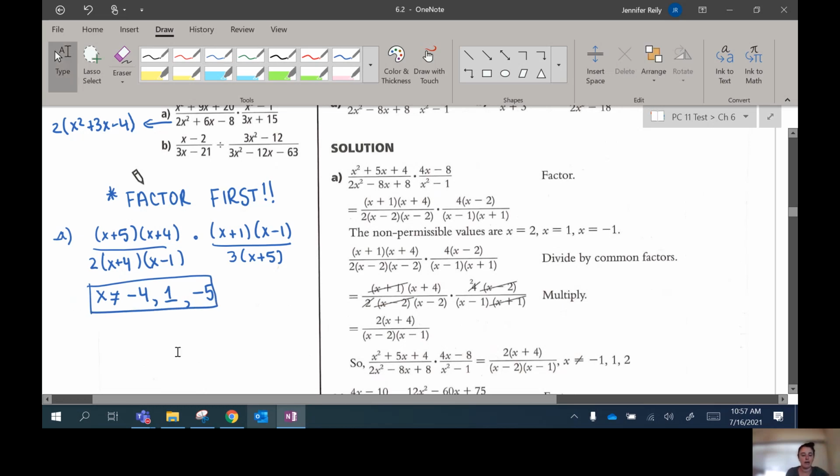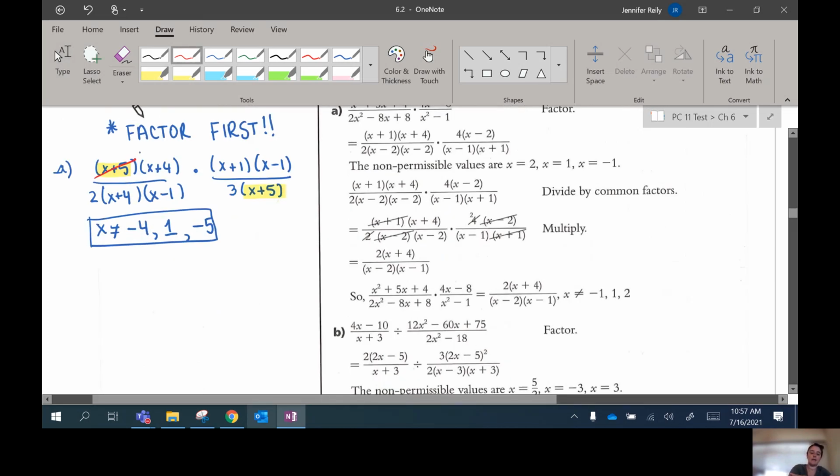Okay, now let's go ahead and cancel out. So anything that's in the numerator and the denominator, any factor can be canceled out. X plus 5 can be canceled with x plus 5. X plus 4 can be canceled with x plus 4. So even if they're in the same fraction, as long as one's in the numerator, one's in the denominator, you can cancel them. X minus 1, x minus 1.